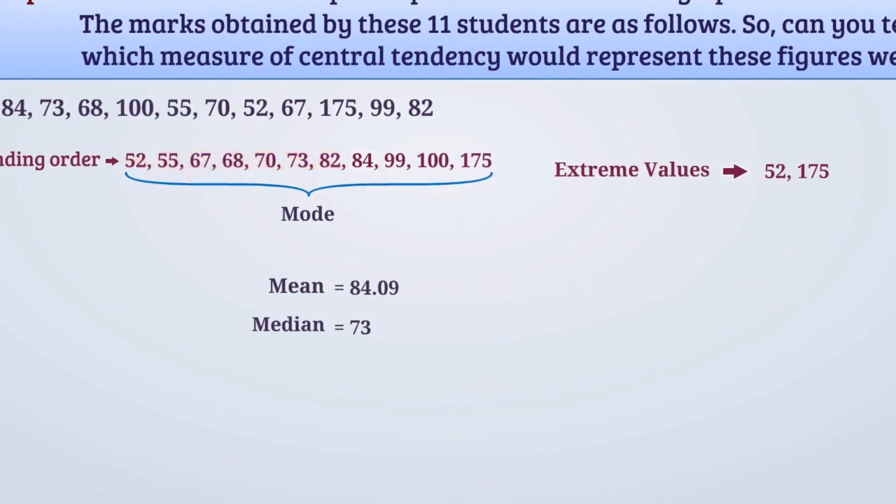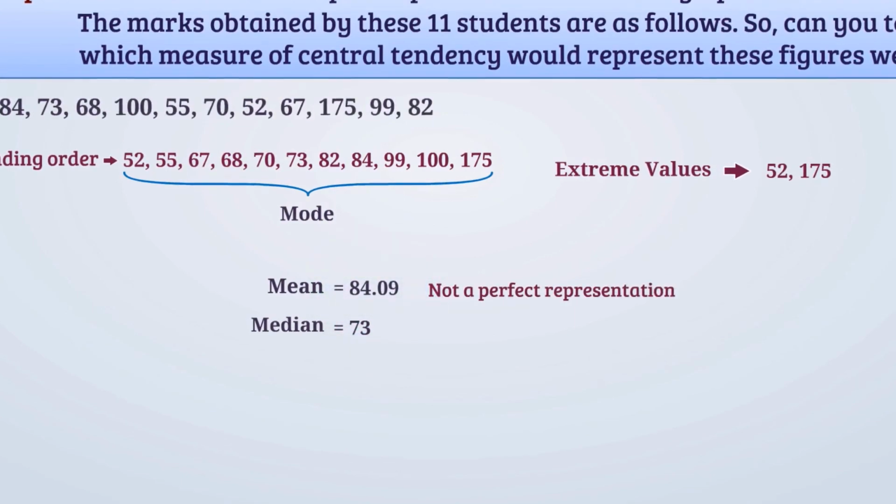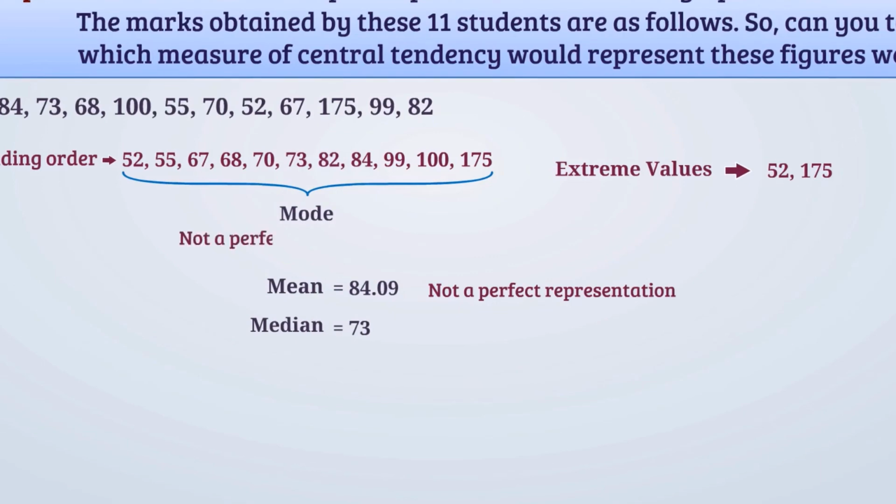The difference between some statistics in the group of data is very large. Therefore, the mean is not a perfect representation of this set of statistics, and the mode of this set of data has no definite value. Therefore, the mode is also not a perfect representation of this group of data.